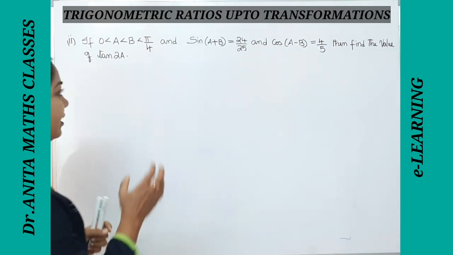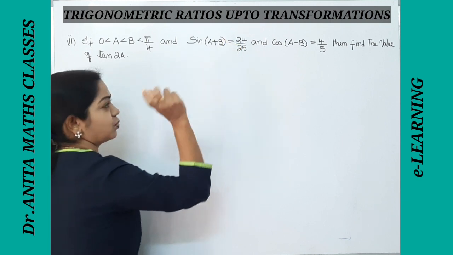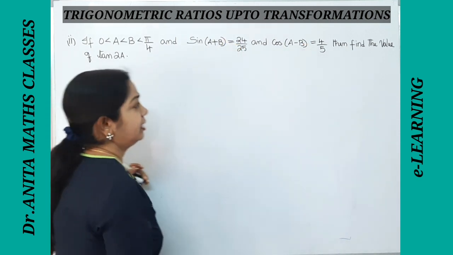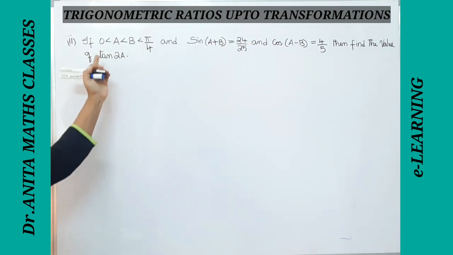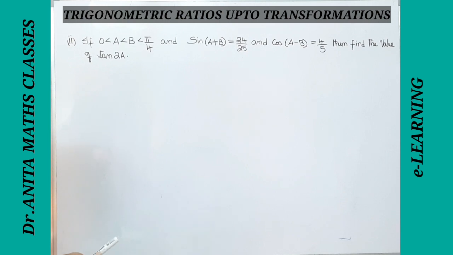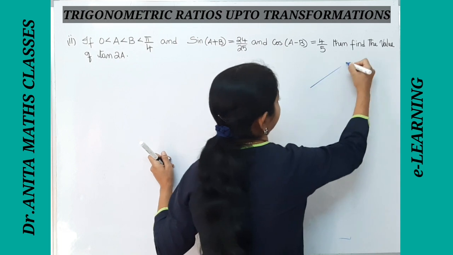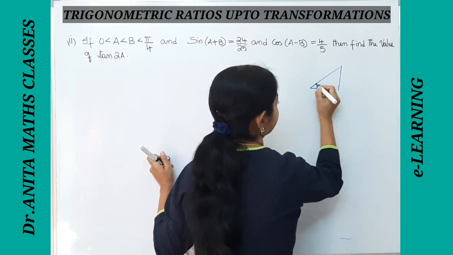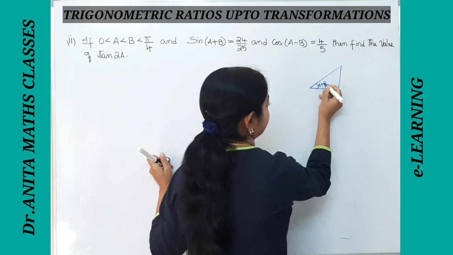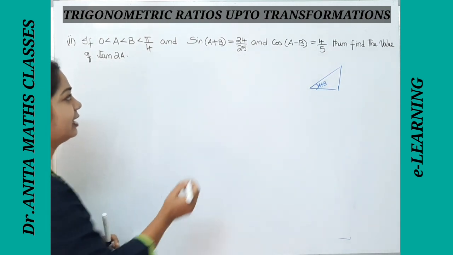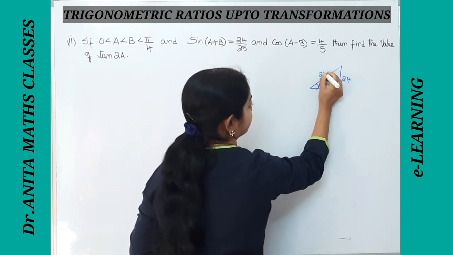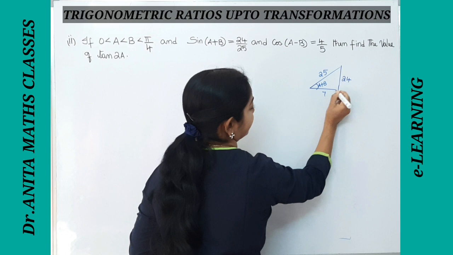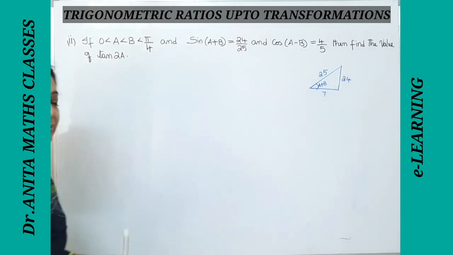From this, let me suppose this complete A plus B as one angle and A minus B as one angle. Now, the sine function is positive here, and A plus B lies within pi by 4. Let me draw the diagram here. If I suppose this complete thing as A plus B, the angle, and sine is 24 by 25. Sine is opposite by hypotenuse, so the below value will be 7.